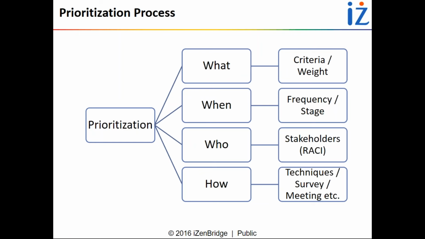So requirement prioritization needs the answers of what are the criteria, on what basis you are going to prioritize, and criteria will help to know things about the implementation of those requirements. When you are going to do the prioritization, who will be involved and how you are going to do the prioritization, what tools and techniques for engaging stakeholders you are going to use.